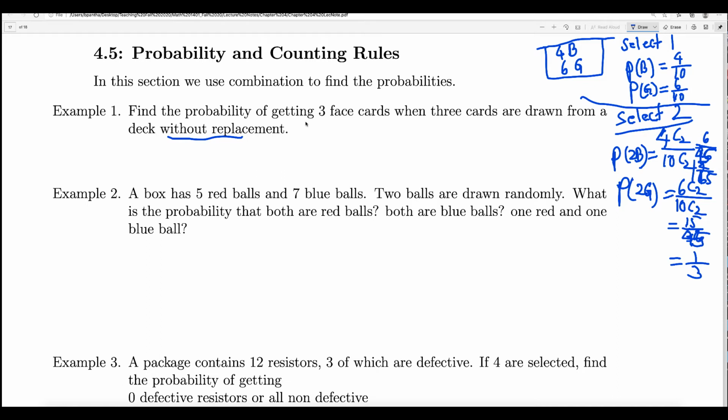There are 4 Jacks, 4 Kings and 4 Queens, so the total is 12 face cards.